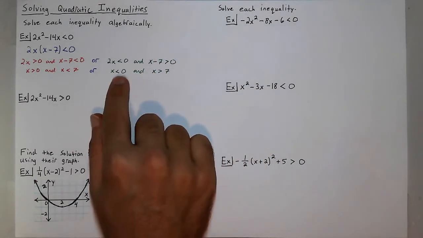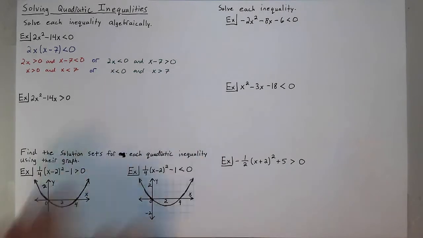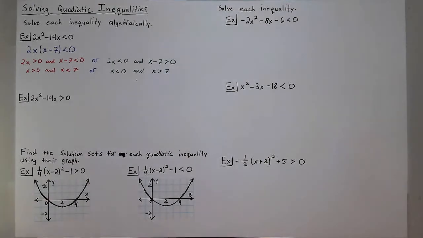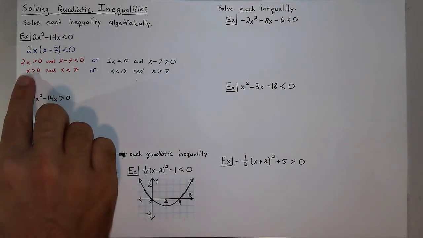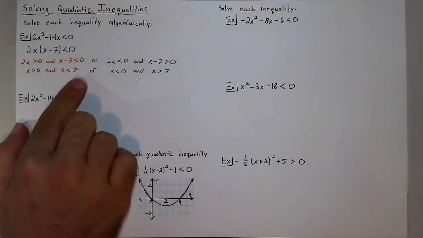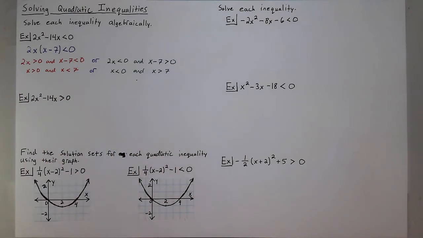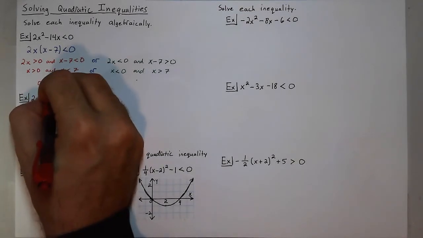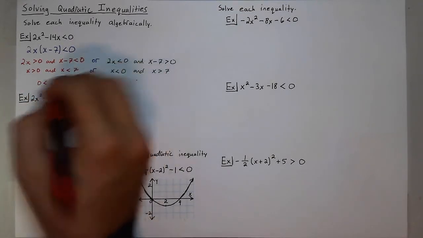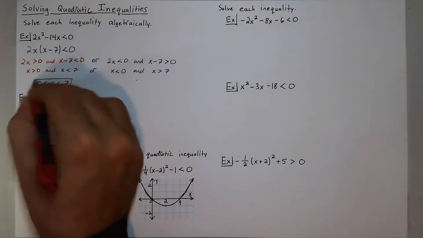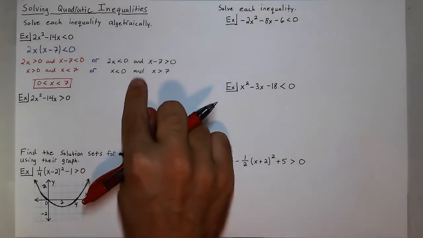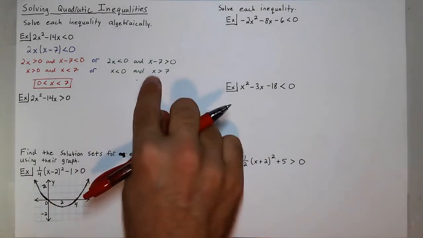There's no number that can be both less than 0 and greater than 7. So our work there will just stop for the moment. Now on the left, what numbers are greater than 0 and less than 7? Everything between 0 and 7. So the solution to the inequality would be 0 is less than x, which is less than 7, which is another way to write that compound inequality just above it. The one on the right would yield no solution, so we're not going to use that solution.